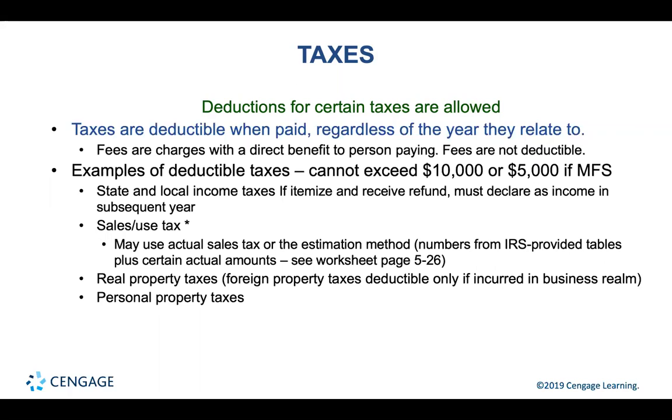The aggregate amount of the deduction for state and local real property taxes, state and local personal property taxes, and foreign income taxes cannot be greater than $10,000 if married filing jointly. In the past, before the TCJA, there was not a limit. You could deduct fully all state and local income taxes that you paid.